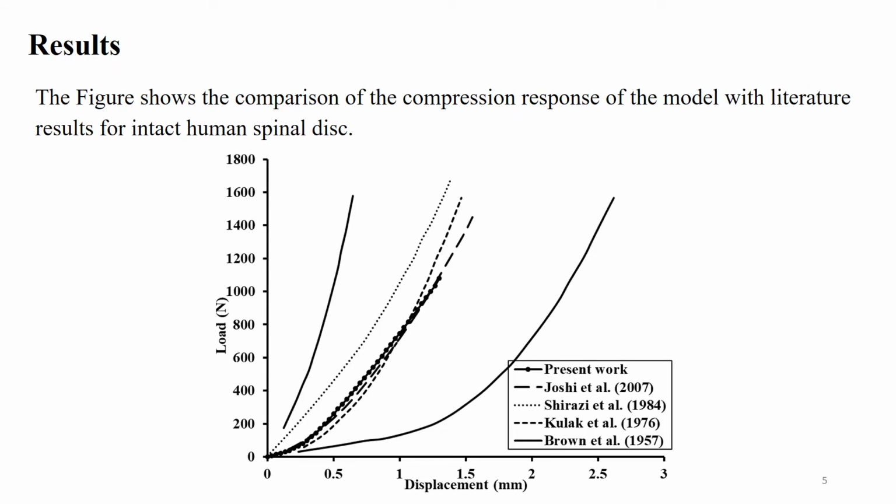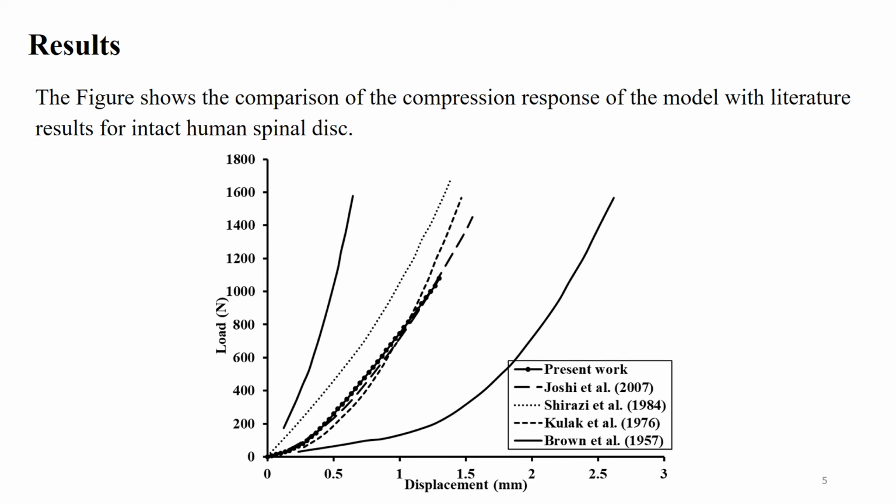The figure shows the comparison of the compression response of the model with literature results for the intact human spinal disc, that means when the nucleus pulposus was present in the intervertebral disc. As shown here, we have a wide range of data. This is the Brown data.